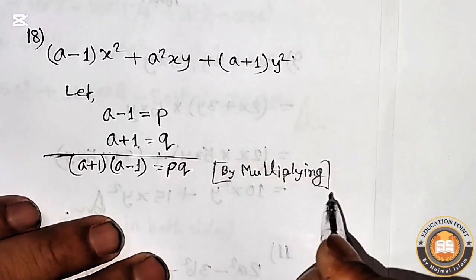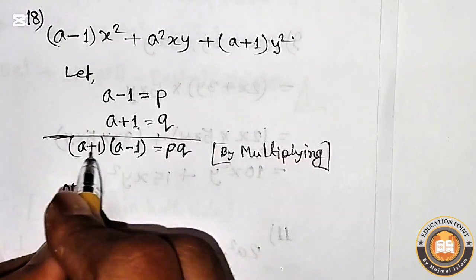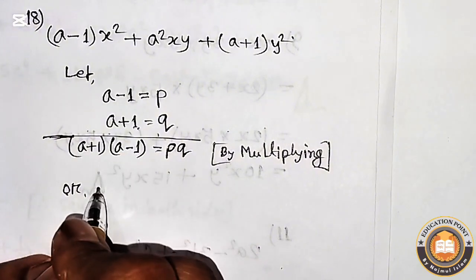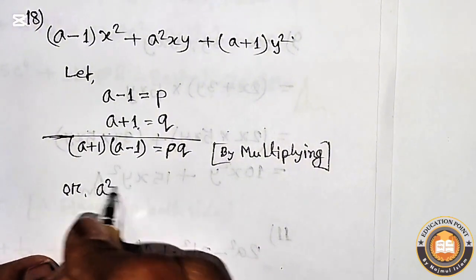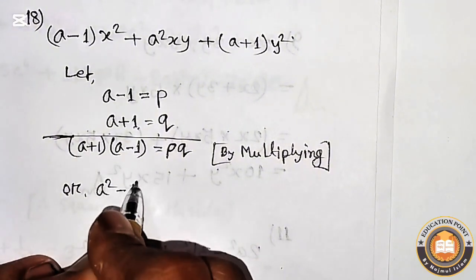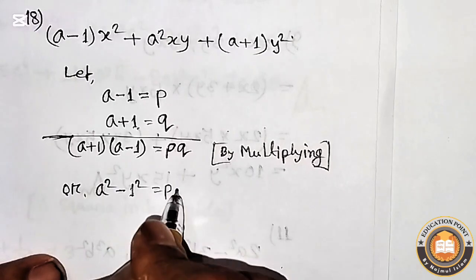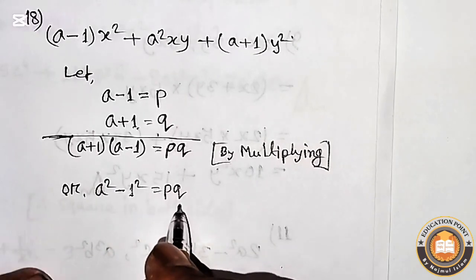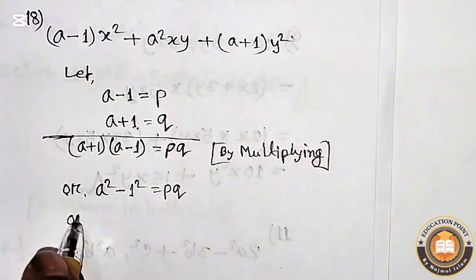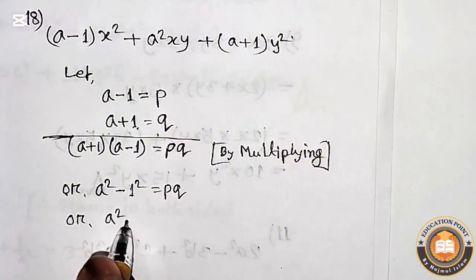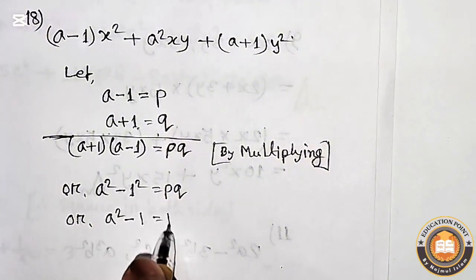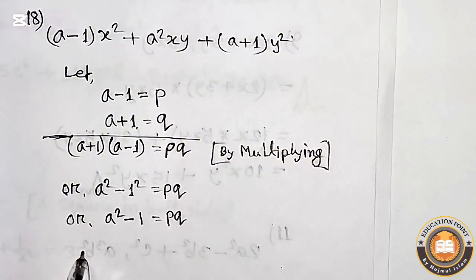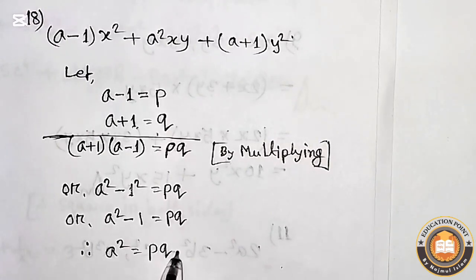By multiplying, this is the formula of a square minus b square. That means a square minus 1 square equal pq, or a square minus 1 equal pq. So a square equals pq plus 1.